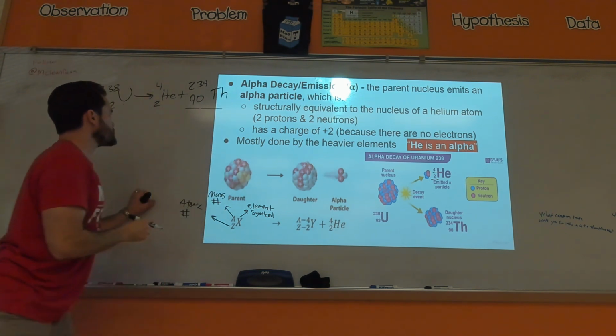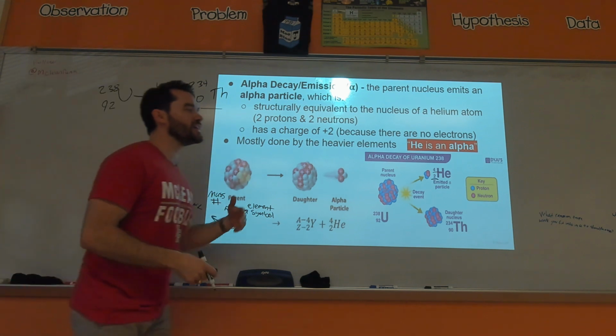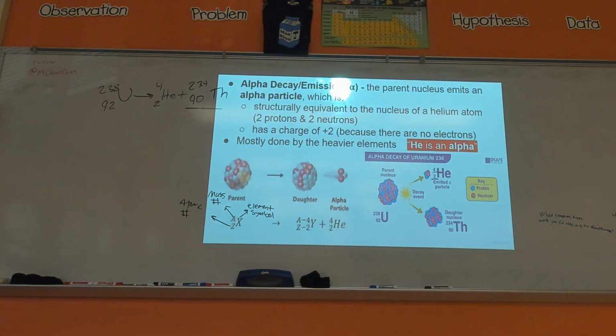Okay? So this would then be the equation for an atom that has undergone alpha decay. So you need to know that in alpha decay, you release a helium nucleus. I was trying to think, how can I get you to remember that? Well, He stands for helium.